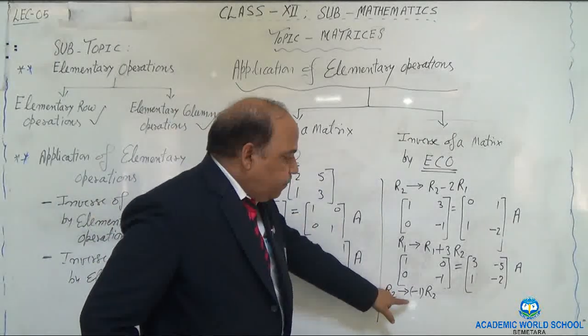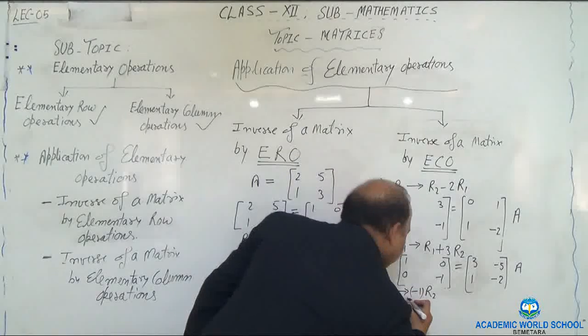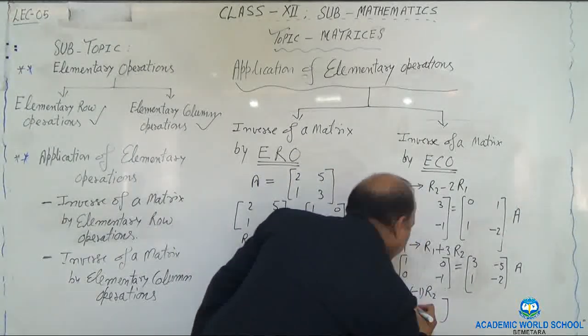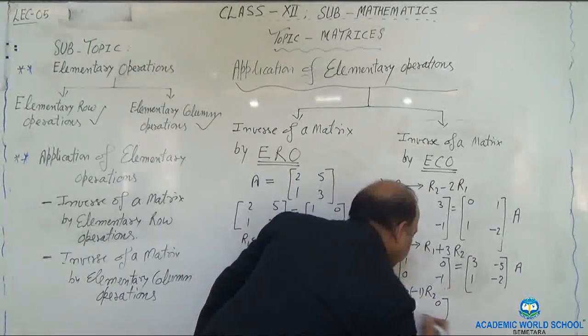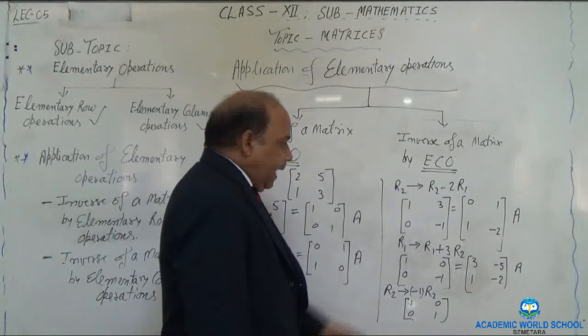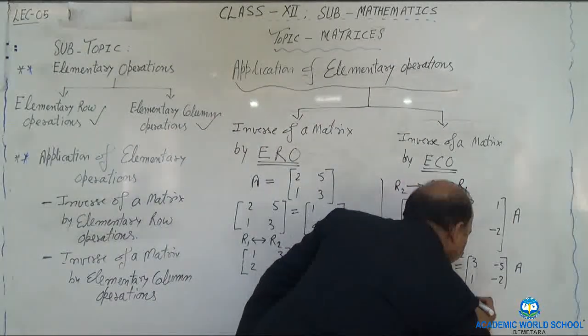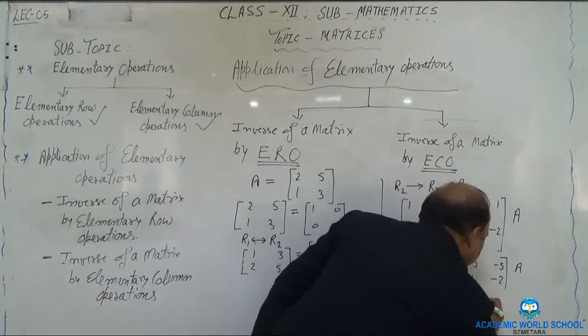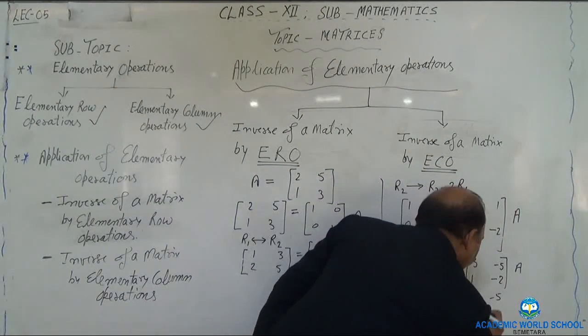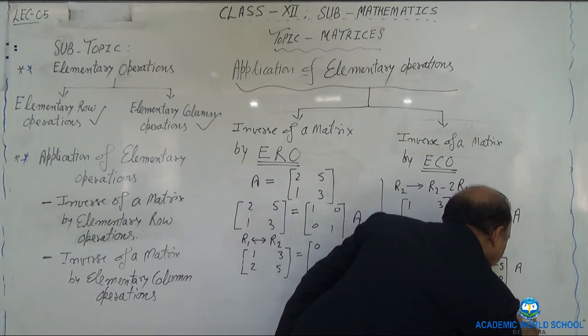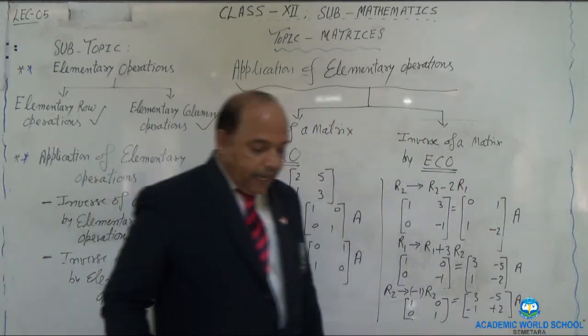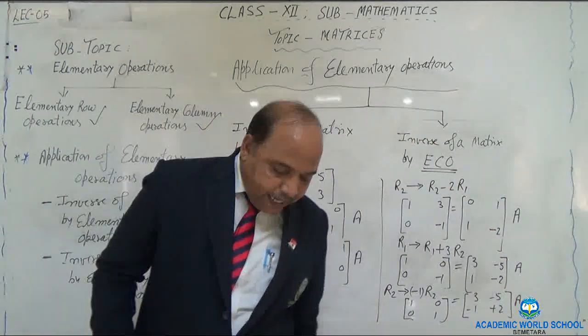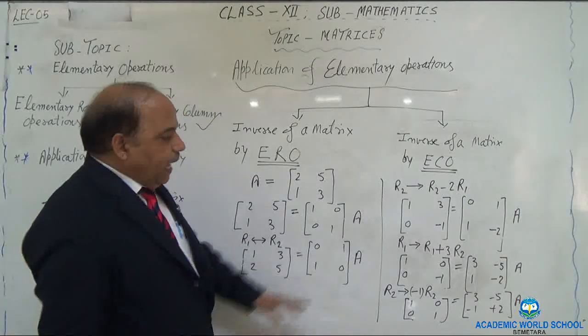If you apply this, this will become 1, 0, 0, 1. And on this part, minus times R2 gives 3, minus 5, minus 1, plus 2, and A remains as it is.